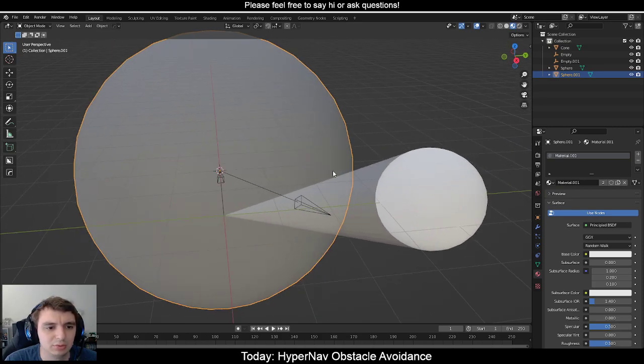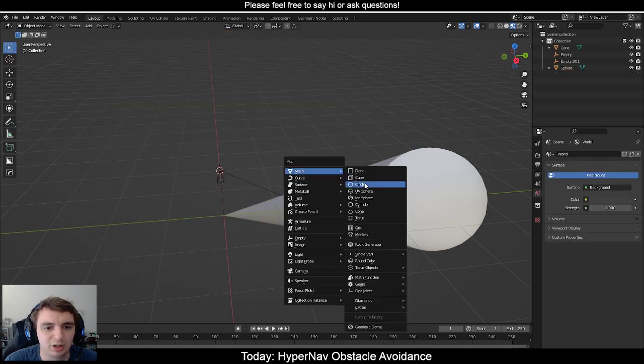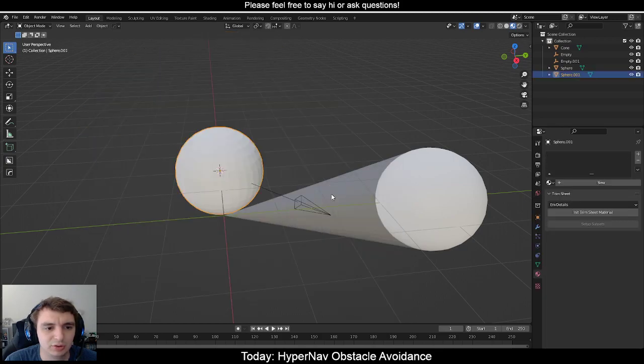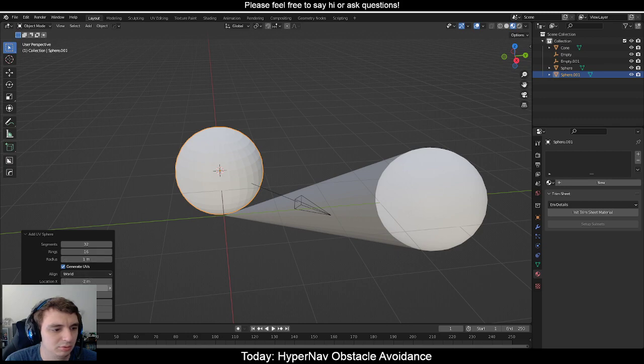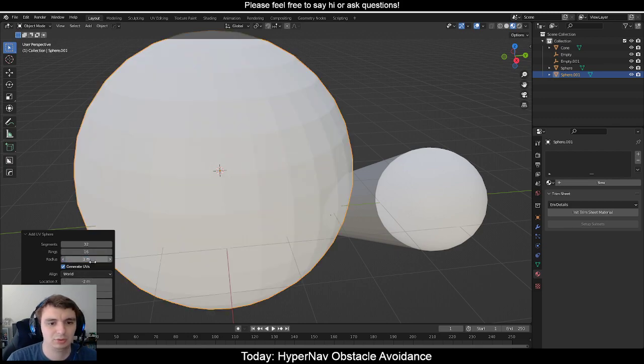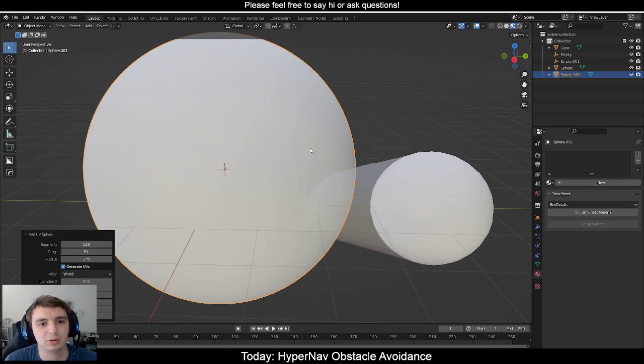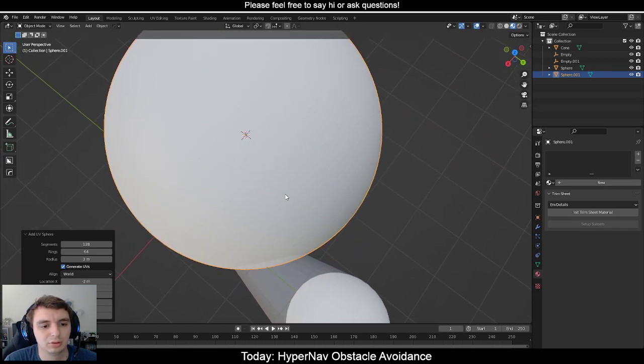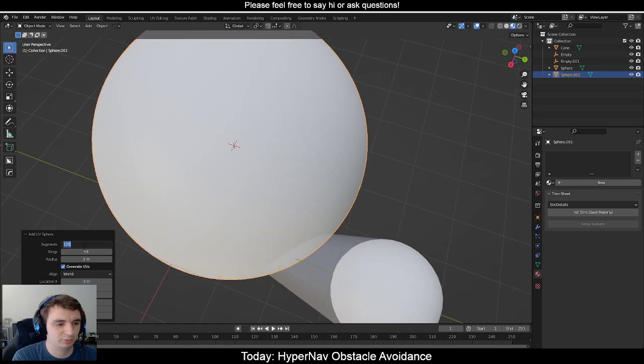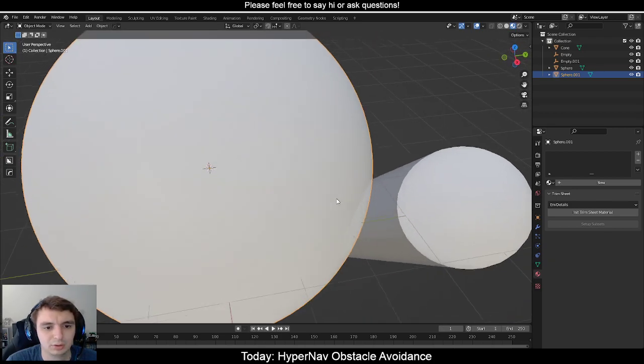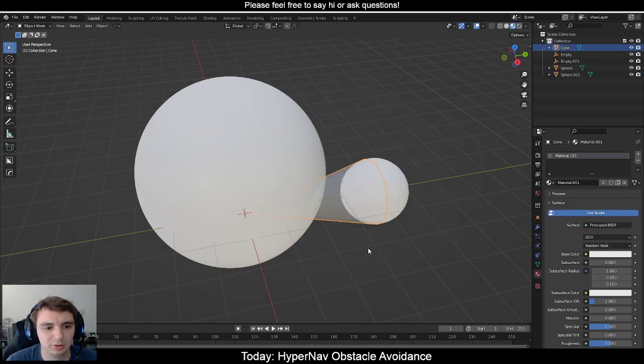So actually we're going to delete this and add a new sphere. Radius 3, segments 128, 64. Let's make it even bigger, actually. Let's make it 256 by 128. So it's a very smooth sphere. Then we're going to do the same thing for this.